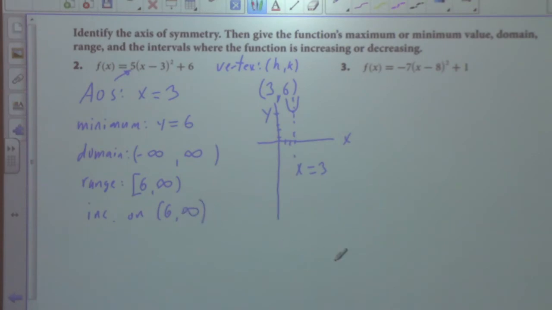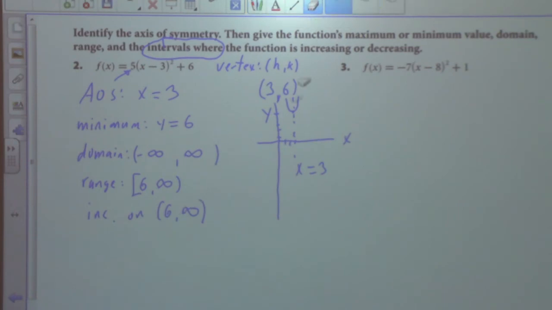Think about this. This says intervals where, these two words together, intervals where, what does that mean? Look over here where Addie is. What does that say? What does where say? What is where? Is that an X word or a Y word? It is an X word. So what is going to be here?